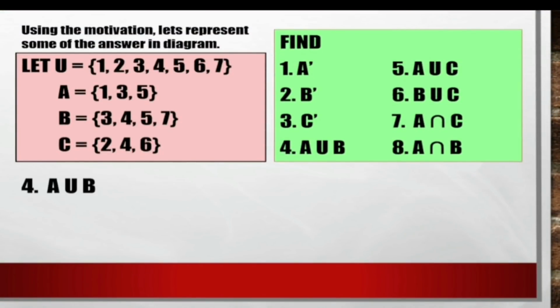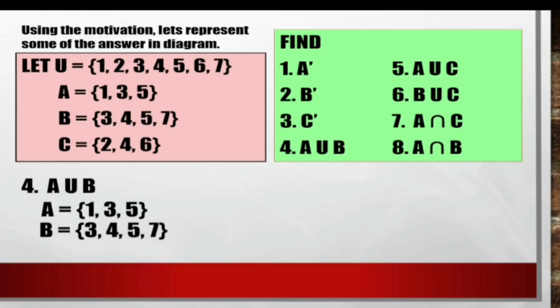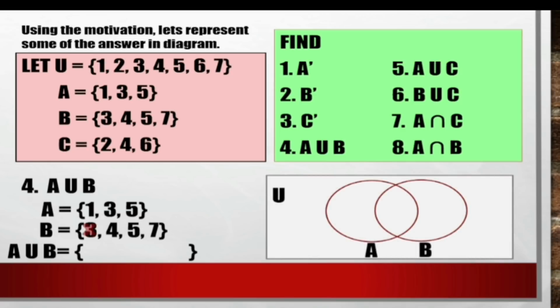That is A union B. So our A is composed of the elements 1, 3, 5, and our B is composed of the elements 3, 4, 5, and 7. Remember, if that is A union B, we're going to combine the elements of set A and set B. We're going to write first the common elements here.